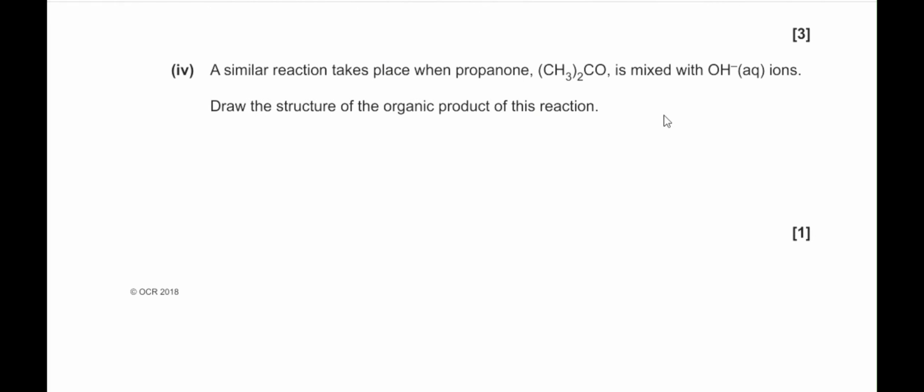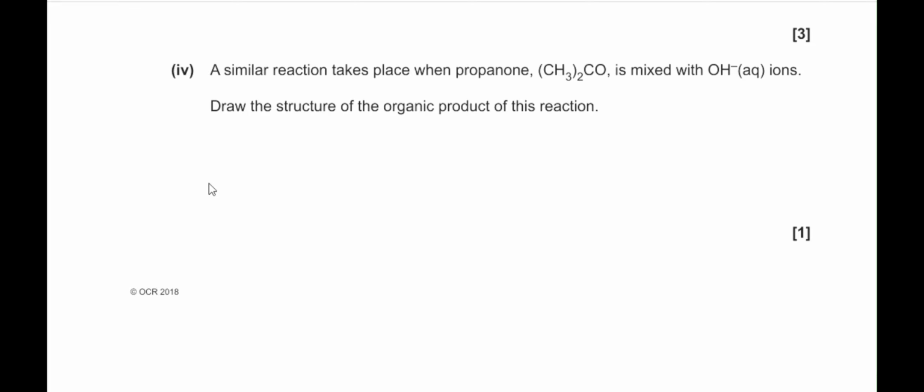Part 4. A similar reaction takes place when propanone, CH3COCH3, is mixed with OH minus aqueous ions. Draw the structure of the organic product of this reaction. Let us try to write out the equation in the same way as ethanol.